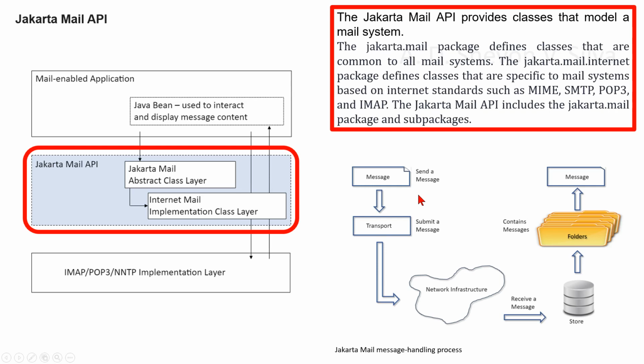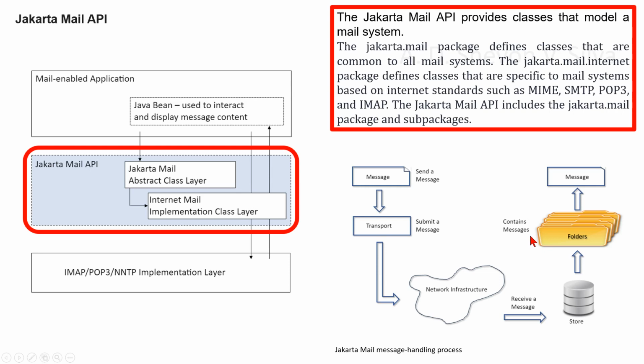The message class adds from, to, subject, reply to, and other attributes necessary for message routing via a message transport system. When contained in a folder, a message object has a set of flags associated with it.